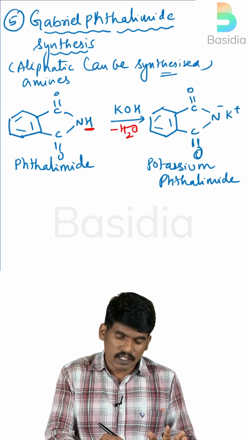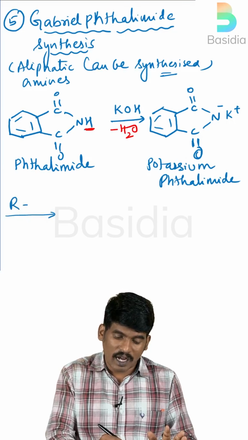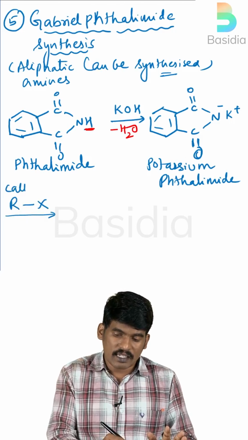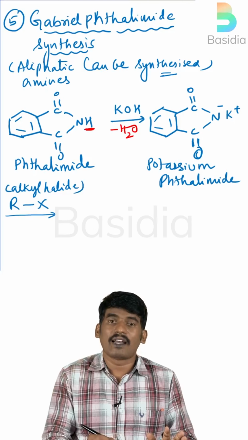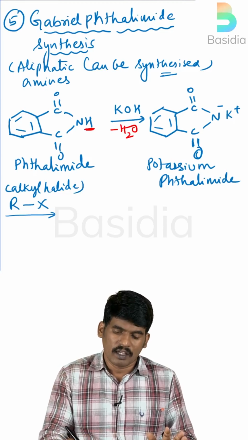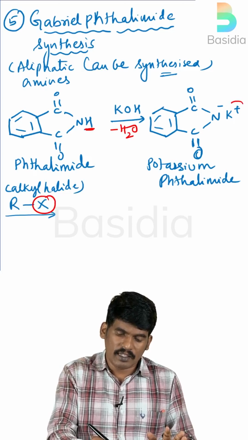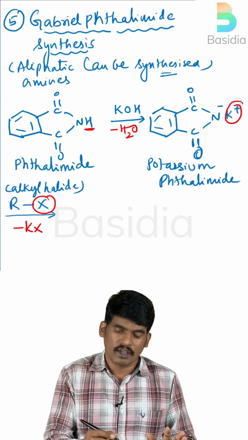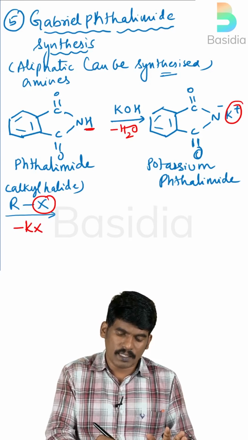And that potassium phthalimide is treated with RX. Observe it carefully. This RX is alkyl halide. What will happen? This X and this K plus are removed as KX. And then you will get a product here.